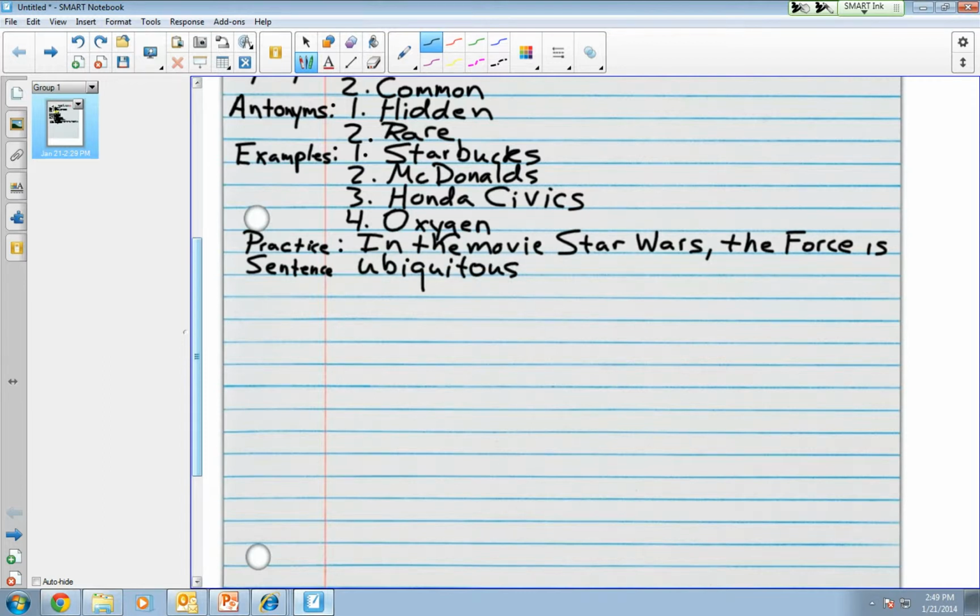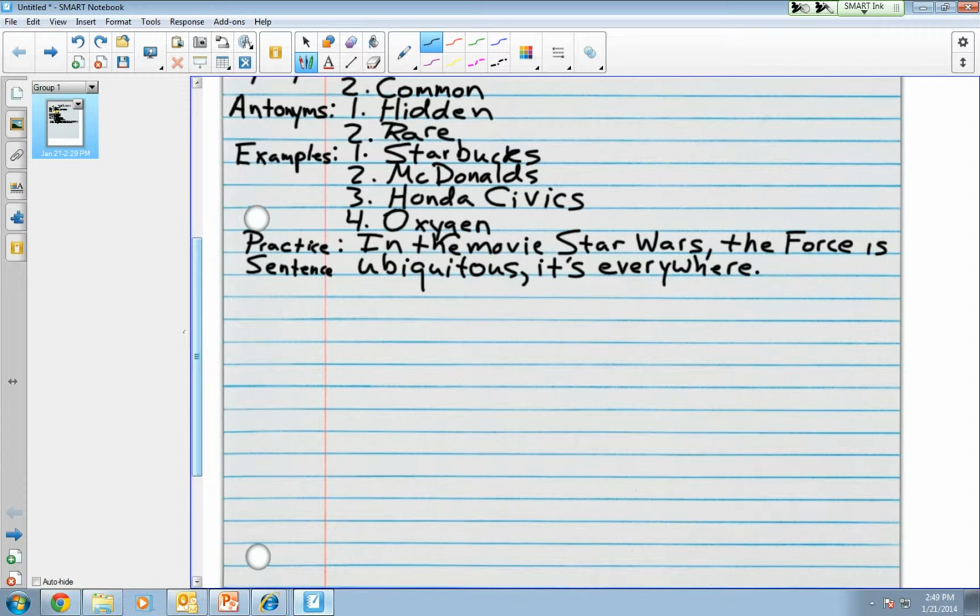Now, I've used this in a sentence, but what I want to do is add on to the end of this. The Force is ubiquitous. It's always, or maybe it's everywhere. Just, it's everywhere, right? To kind of add on to the end of that.